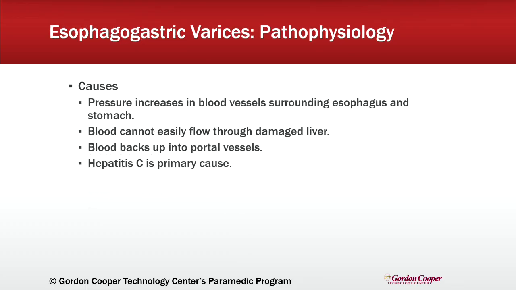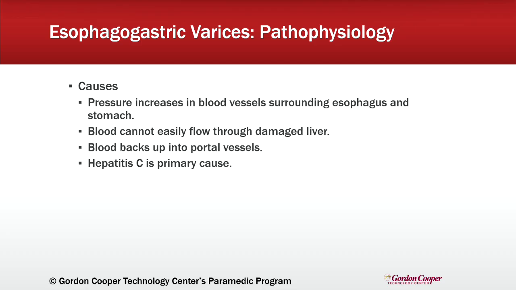Esophageal varices are basically swollen blood vessels in the esophagus or stomach that are caused by an increased pressure on the nearby vessels. It's typically associated with issues with the liver that cause the blood to back up. This happens because there's some kind of damage in the liver and the blood's not flowing through the liver as it should, and it begins to back up.